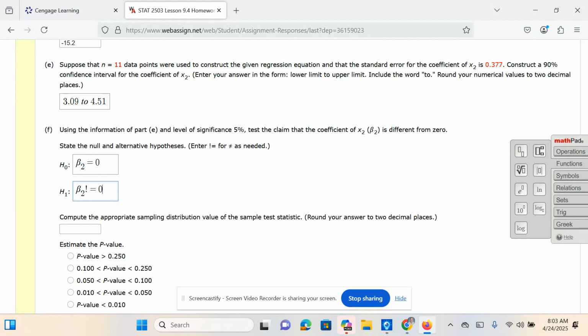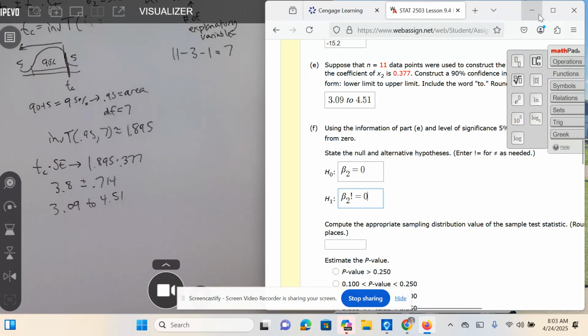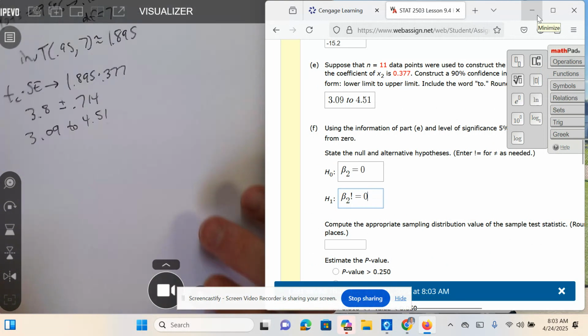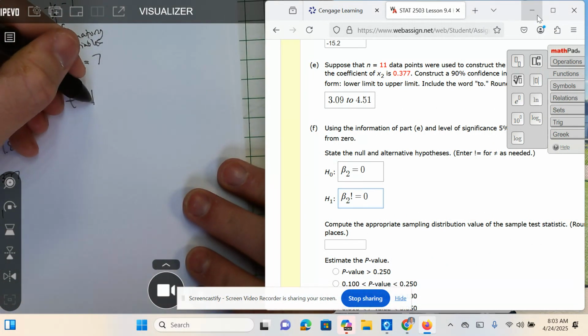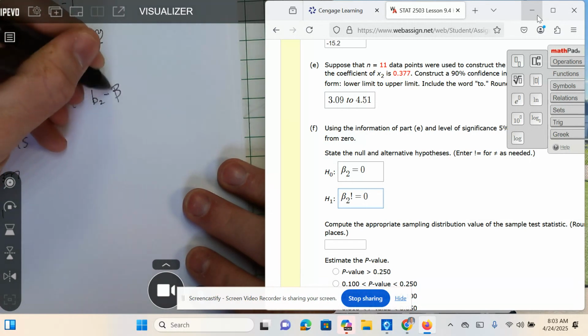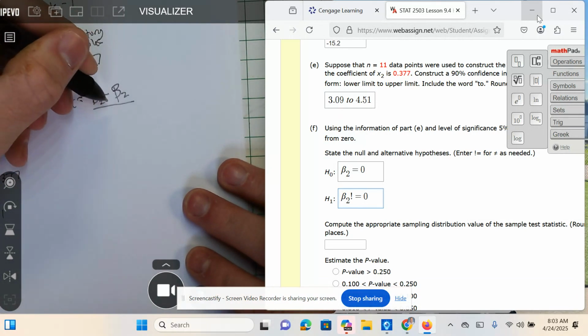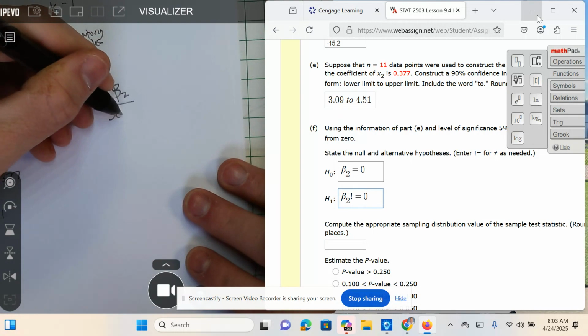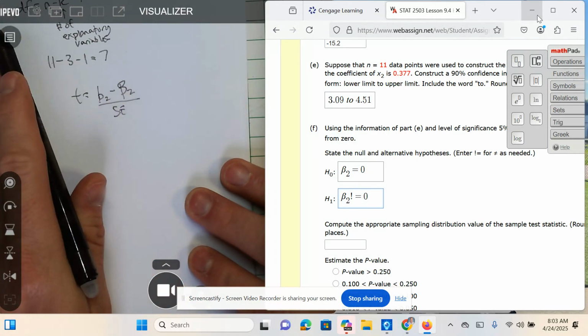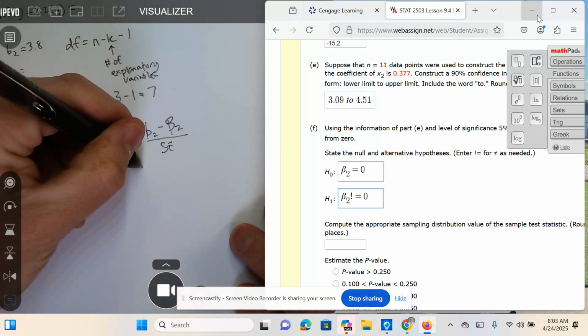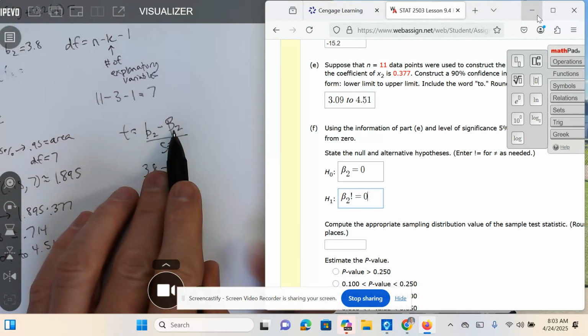All right, now we're going to do the sample test statistic. So let's talk about that. The test statistic is t, and t is equal to your slope, what I'll call b sub 2, minus the hypothesized slope divided by the standard error. Okay? Now, b sub 2, as we've talked about, is 3.8. Now, what is beta 2? This is the hypothesized slope.